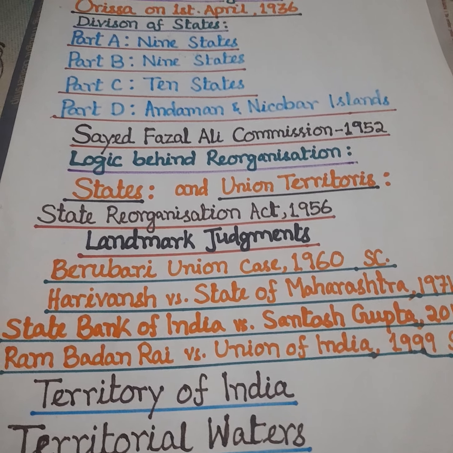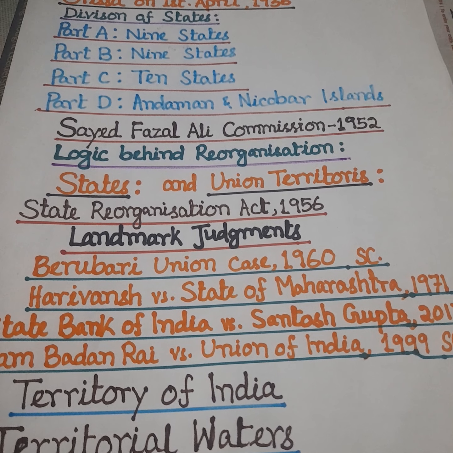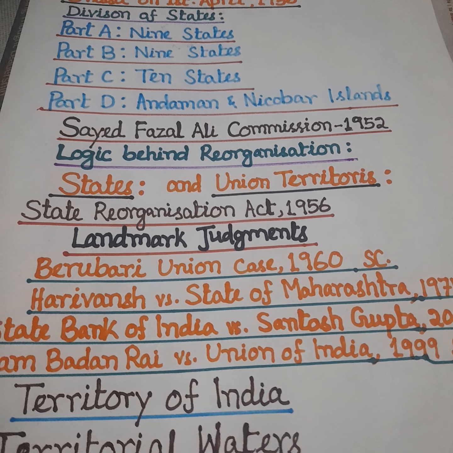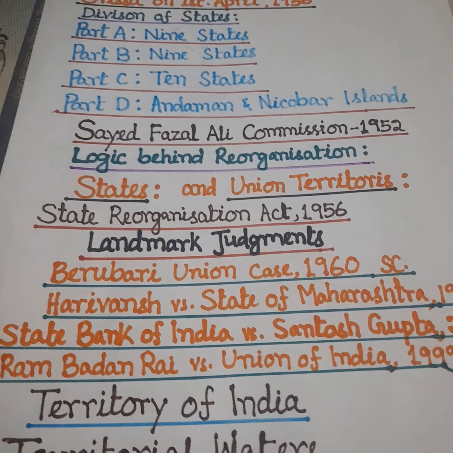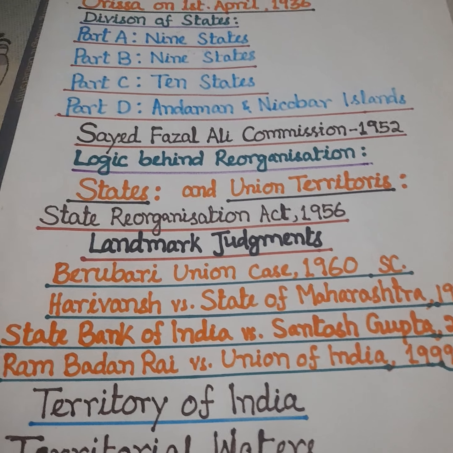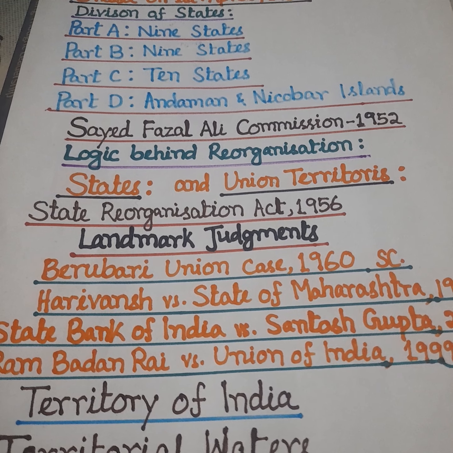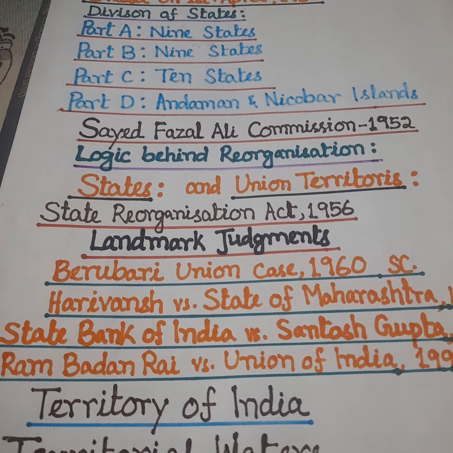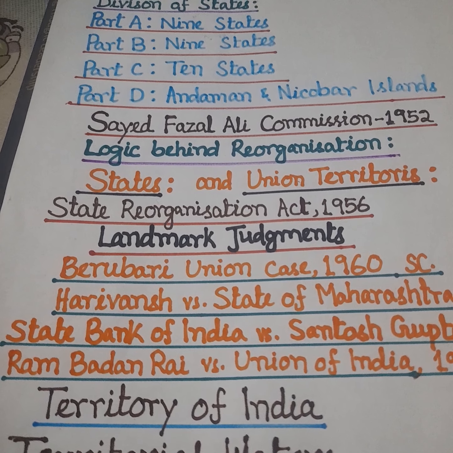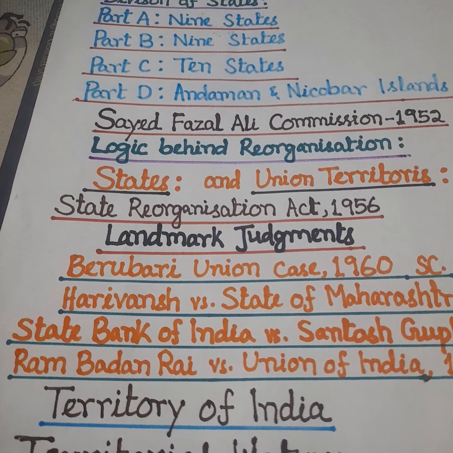When the Fazal Ali Commission was established in 1952 and submitted its report in 1955, it was considering the reorganization of states, which involved balancing administrative, cultural, economic, and political factors. It was aiming to create a responsible and inclusive framework for governing India's diverse regions.